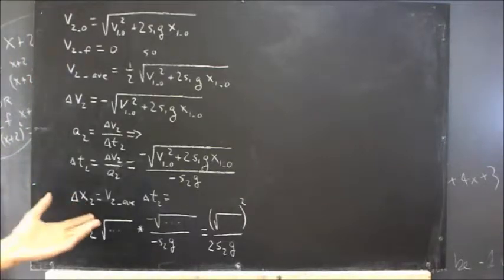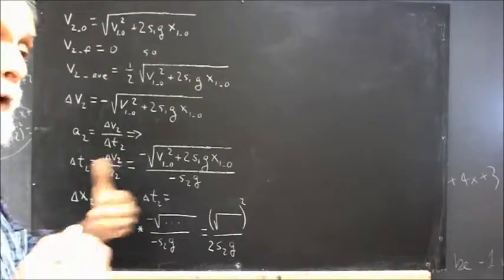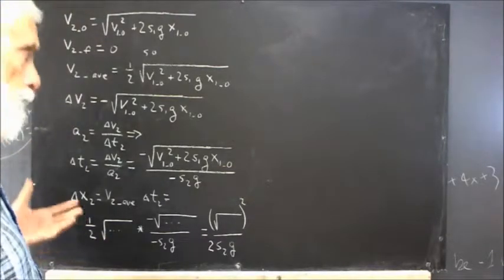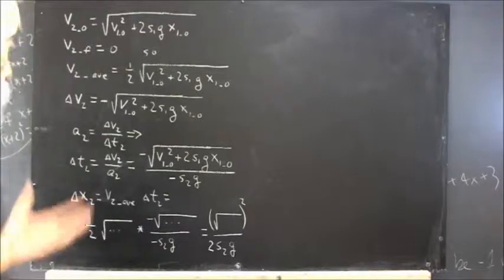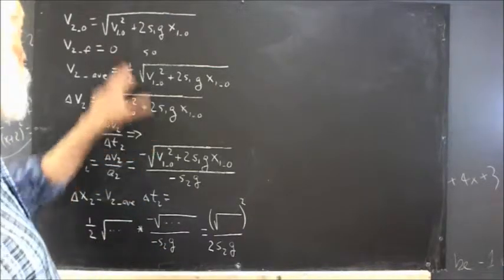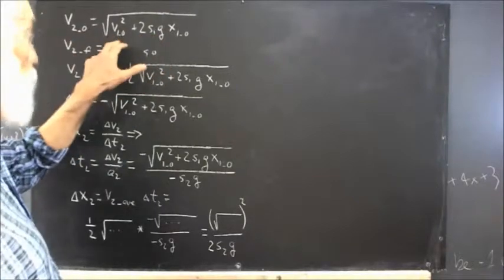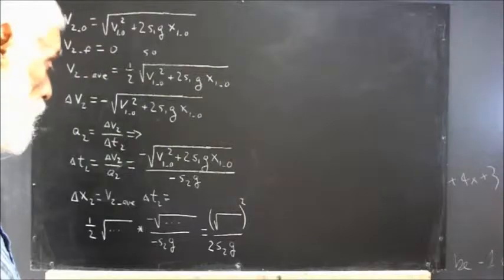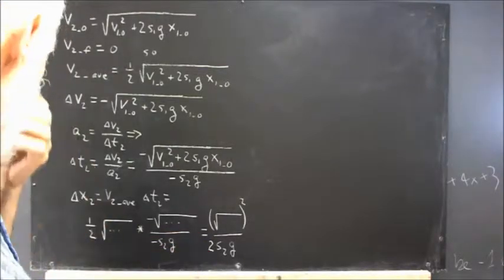Well, we might have a situation where we start the ball from some velocity other than 0. And we could certainly analyze the motion on the first ramp under that condition, and this is the result we would get for the final velocity in the first ramp, which would be equal to the initial velocity in the second.